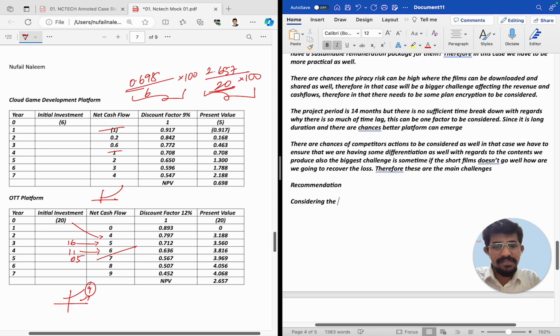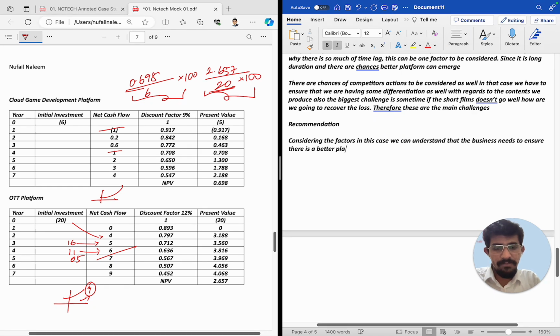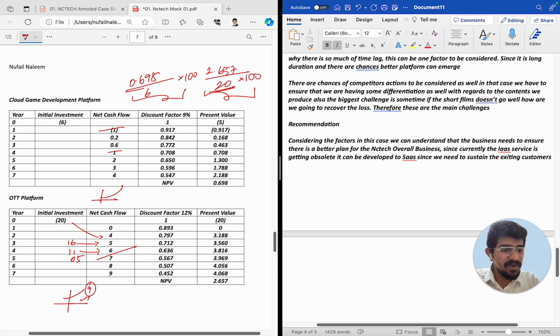Considering the factors in this case, we can understand that the business needs to ensure there is a better plan for the NcTech overall business. Since currently the IaaS service is getting obsolete, it can be developed to a space since we need to sustain the existing customers. Make sense now, students, if I'm not mistaken.